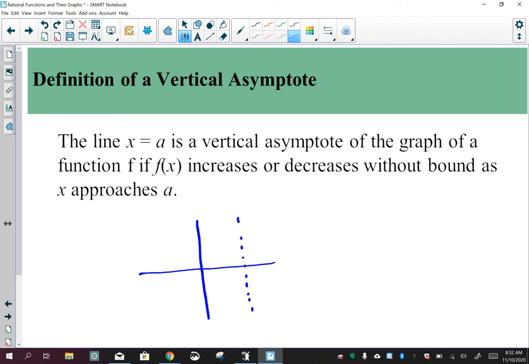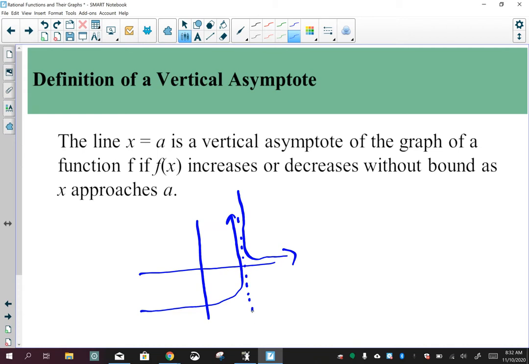So if I'm sitting here, this right here would be a vertical asymptote, because as my graph is approaching that, I'm going to run up along this and I'm never actually going to touch it. And eventually I'm going to cross over again, but not touching it. I'm going to jump over it and run off and do something like that.